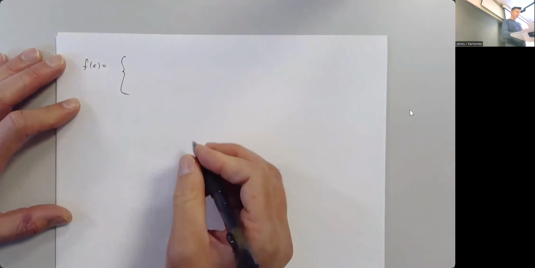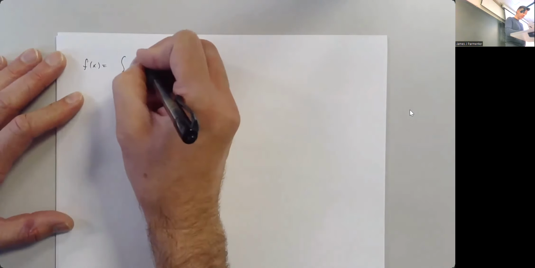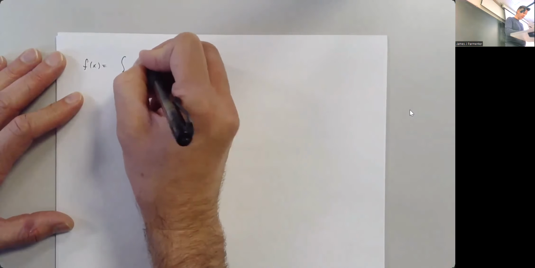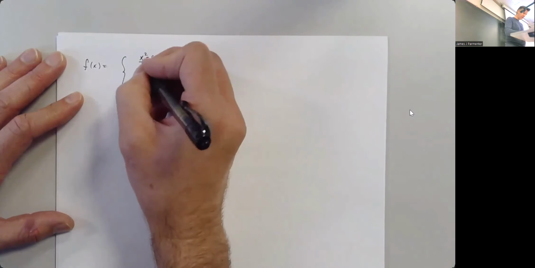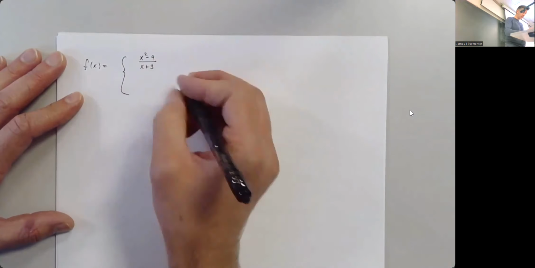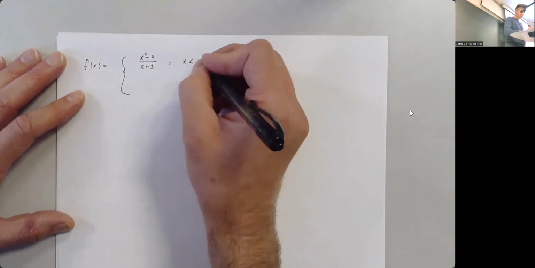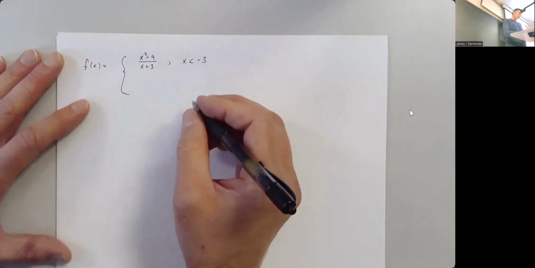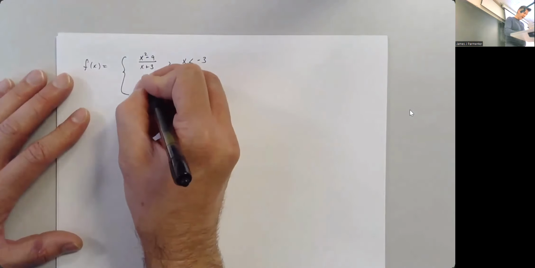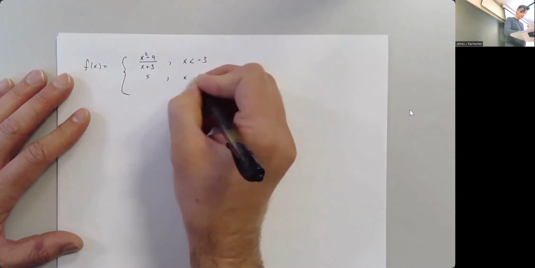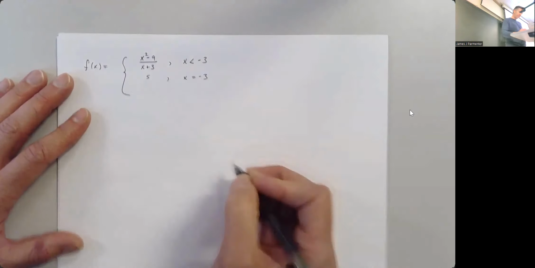f of x is equal to, it's going to have a number of pieces here. It's going to be x squared minus 9 over x plus 3 when x is less than -3. It's going to equal 5 when x is equal to -3.